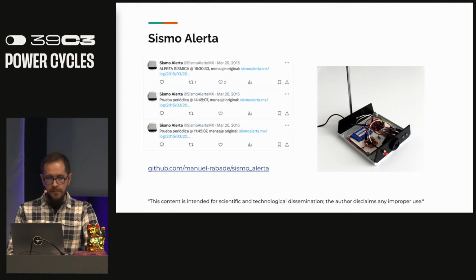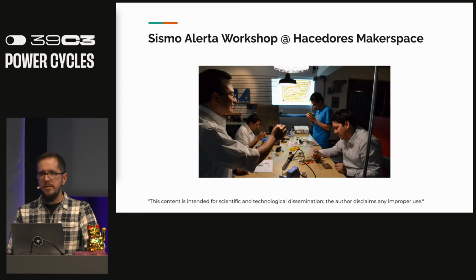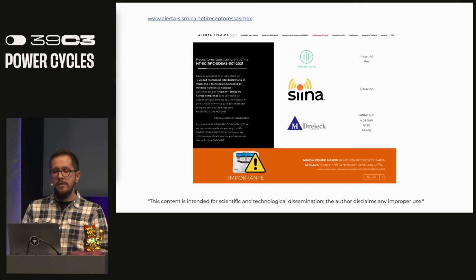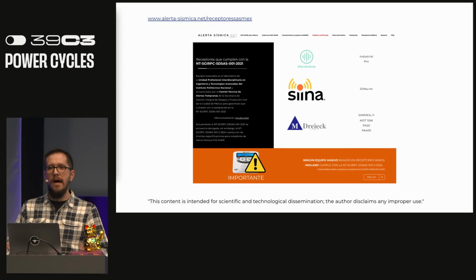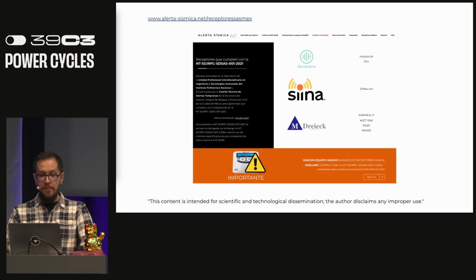So I made a workshop for people to build these radios. There were a couple of them at a makerspace in Mexico City that generated even more attention, even from some entrepreneurs. And some entrepreneurs started asking the government why they could not have more radios like this. There was only one vendor, so they started making some noise in the media.